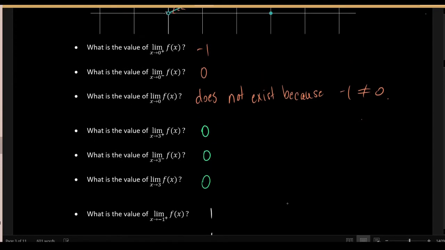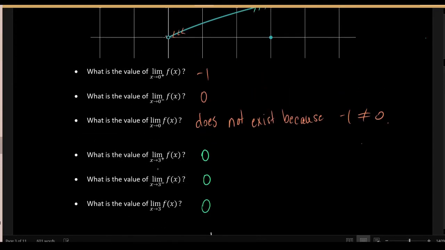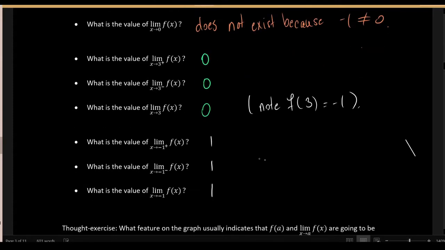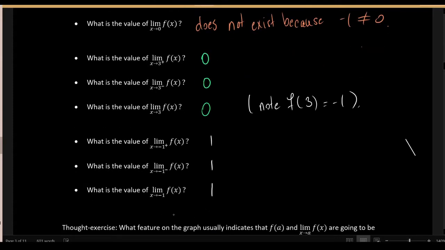Now notice that in the case of +3, the limit differed from the actual value of the function. The actual value of the function would be indicated by the filled dot. Contrast that with the behavior at x equals -1.